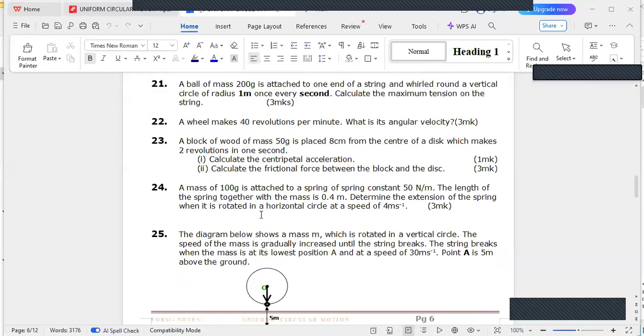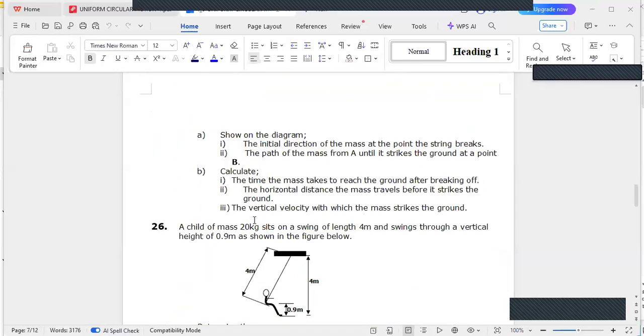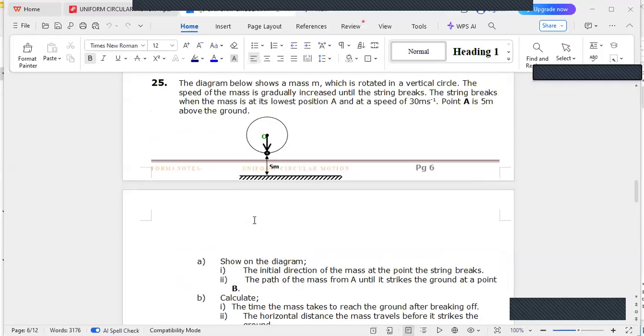Okay, let's move to the question before the graph. We have this part here. The diagram below shows a mass M, which is rotated in a vertical circle. The speed of the mass is gradually increased until the string breaks.